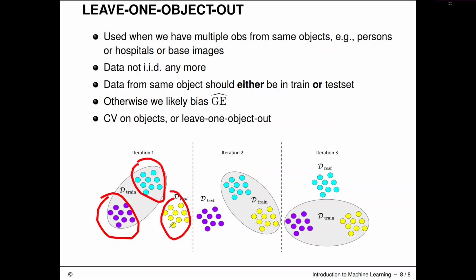And we could now run a 3-fold cross-validation on the objects, where in the first iteration, this becomes the test set. In the second, this becomes the test set. And in the last one, this becomes the test set. And then we constrain our splitting to these instances. And as long as we have not too few of these, this should work out reasonably well.